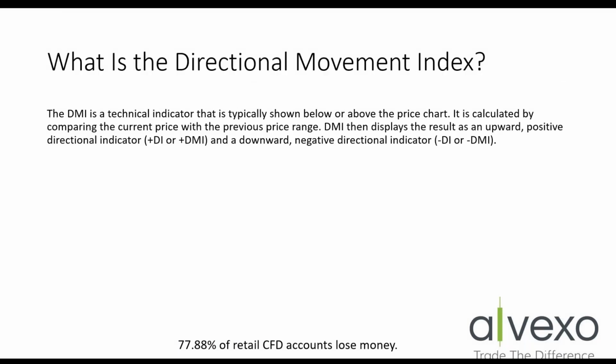Now, the DMI is a technical indicator which is typically shown below or above the price chart. In our case, it is always below. It's calculated by comparing the current price with the previous price range. DMI then displays the results as an upward positive indicator, which is the plus DI, or a negative indicator, which is the minus DI.